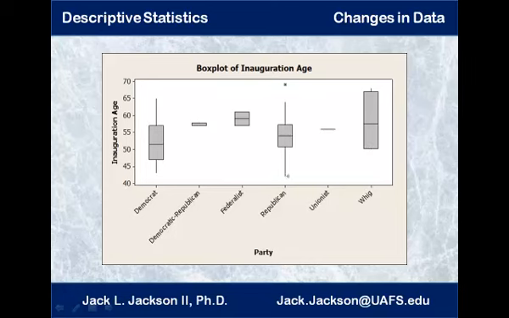But they do go down and actually have the youngest one as well. So there's a little bit more overall spread, but the middle half is a little tighter than the Democrats. The Democrats are going to be a little bit more evenly spread out through here, but overall not as spread out as the Republicans. I'm not sure if there's a lot of significance there, but anyway, you can look at some data sets and compare. So you can look at box plots side by side and see if there's any kind of comparison that you might make, and maybe you can make some conclusions, and maybe you really can't.